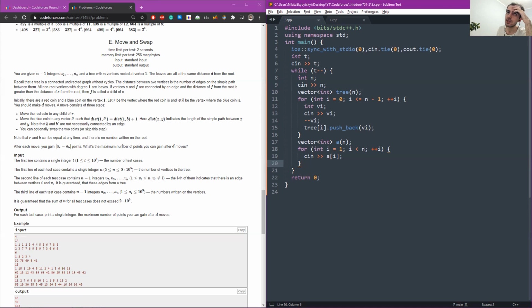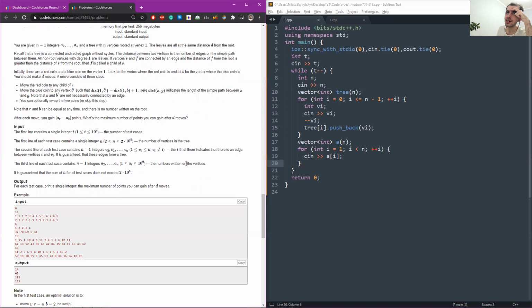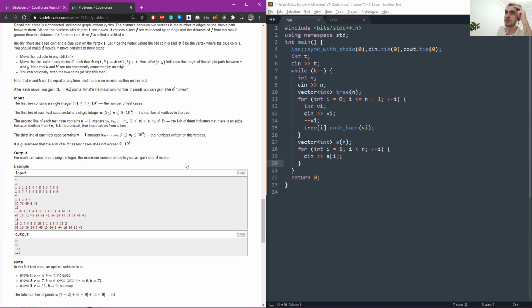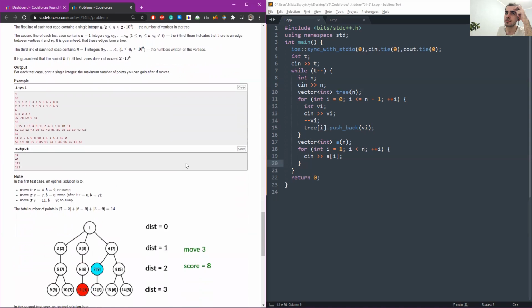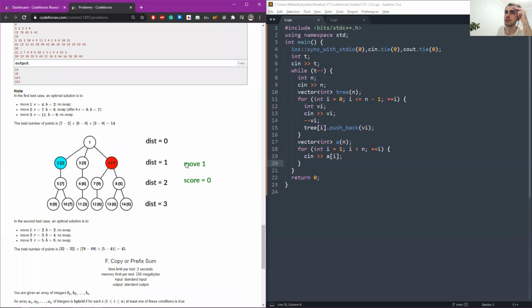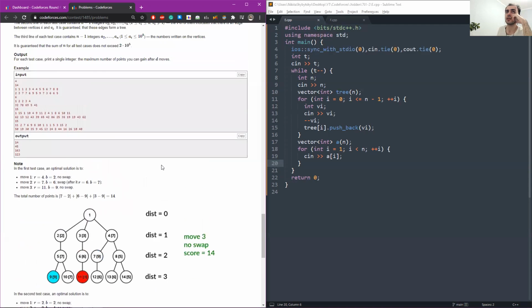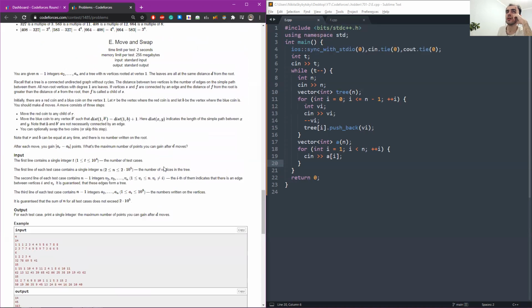Is it the depth of the entire tree? Oh, the leaves are all the same distance D from the root.